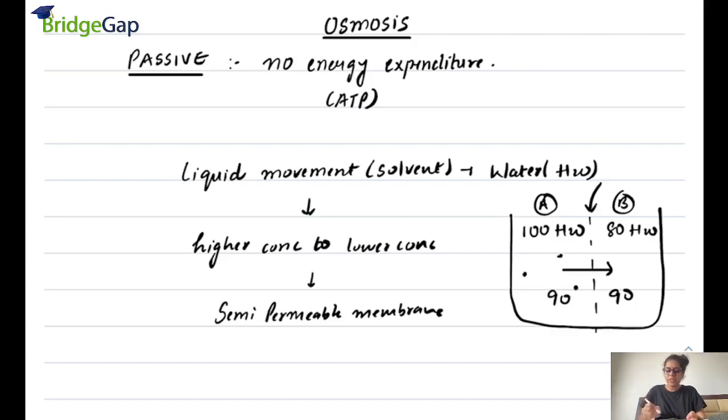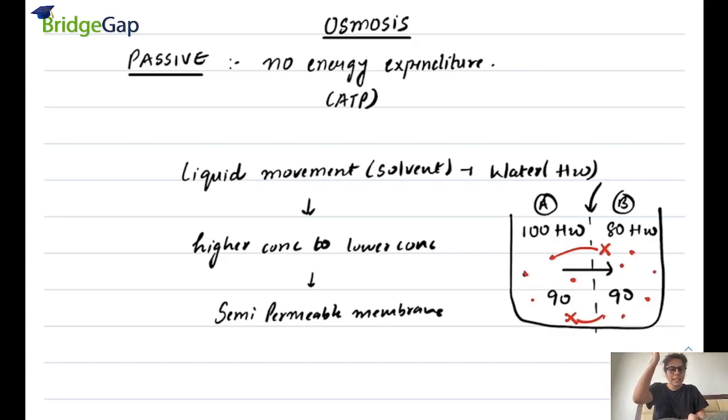If there are certain solute molecules present in this particular chamber, these solutes cannot cross the membrane. Only and only liquids can cross the membrane. We call that membrane a semi-permeable membrane.